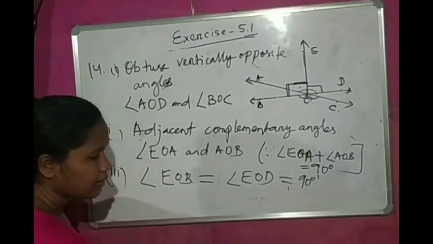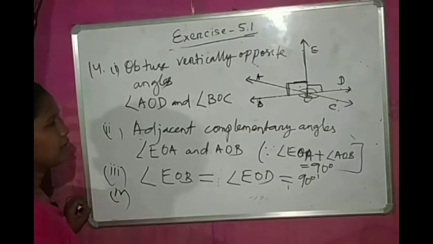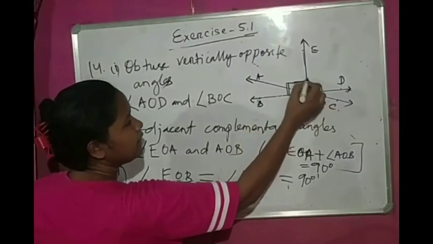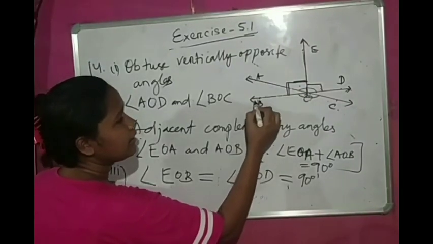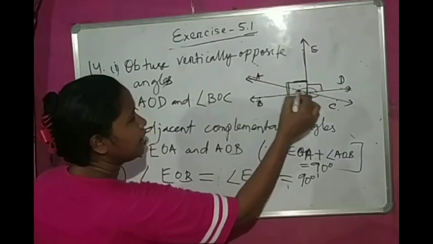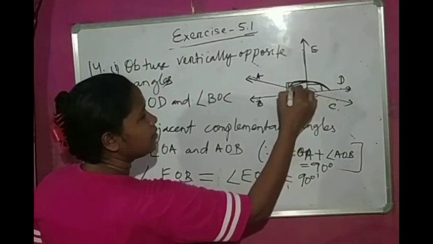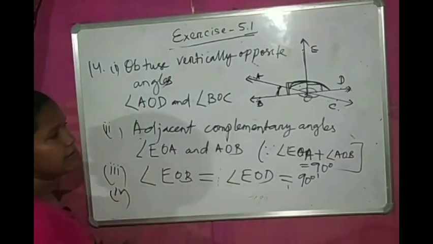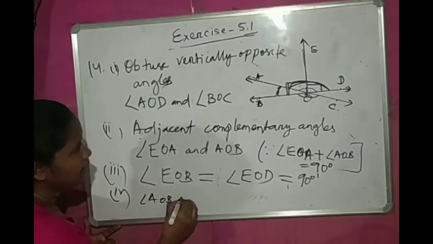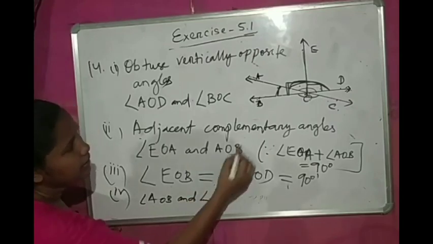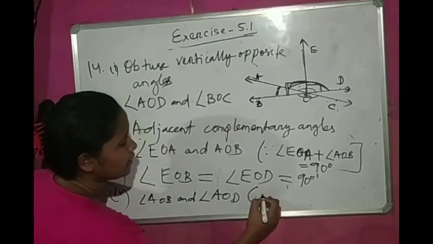Next is number IV, unequal supplementary angles. So you will see the line where unequal supplementary angles are formed. Unequal supplementary angles in line BD: angle AOB and angle AOD.